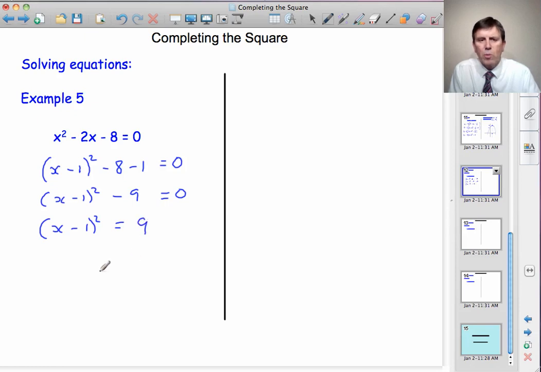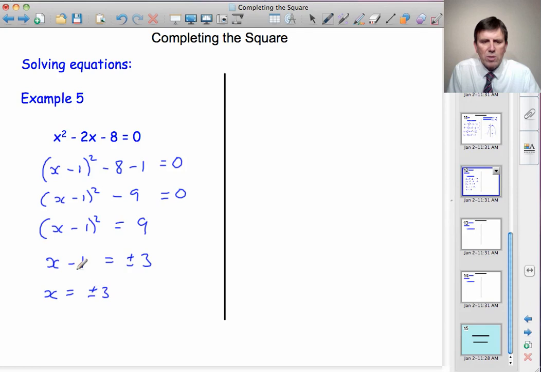And at this point, we take the square root of both sides of the equation. So the square root of x minus 1 squared is x minus 1. And the square root of 9 is not just 3, it's plus or minus 3. And that's what's going to give us our 2 answers to this quadratic equation. So x is equal to plus or minus 3.